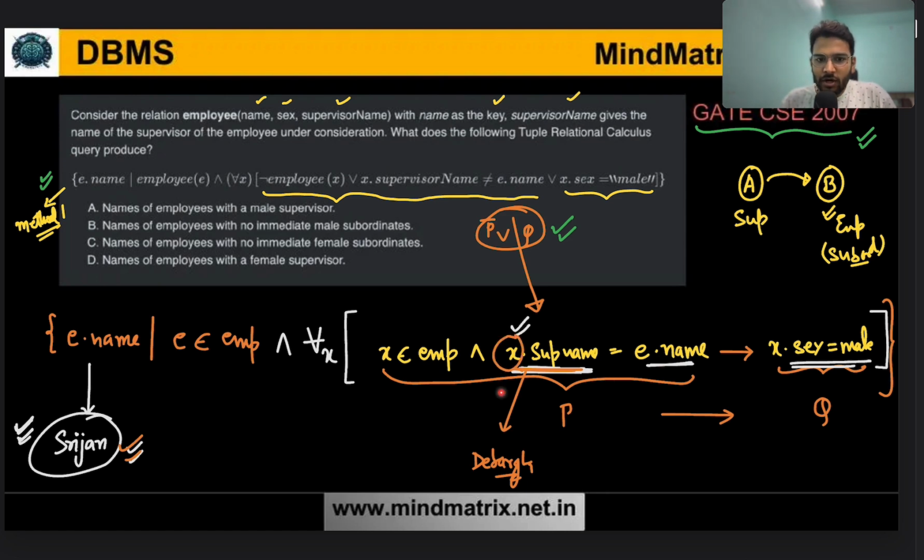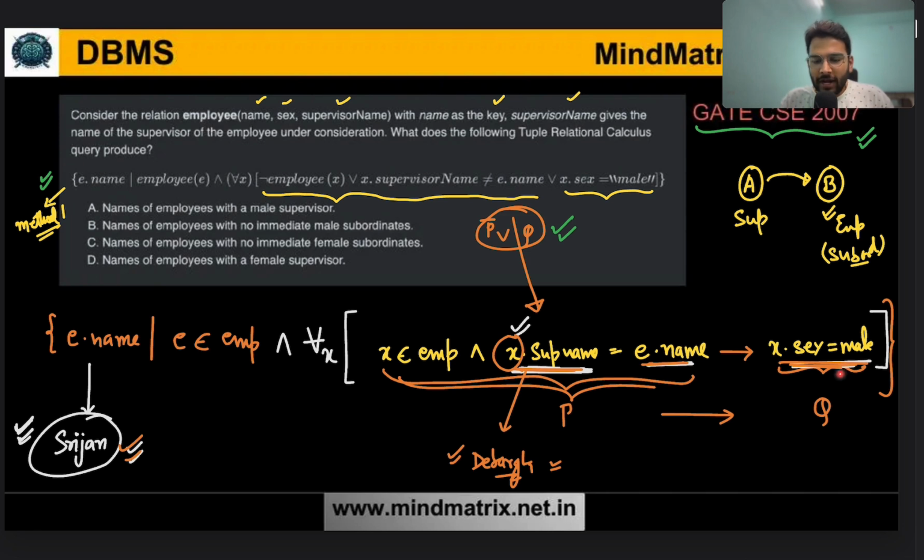That means if X is Debarga, his supervisor name is Srijan. So if Srijan is the supervisor of Debarga, then in that case X dot sex will always be male. Right? Clear? That means the sex of the subordinate will be male always. This is the query.